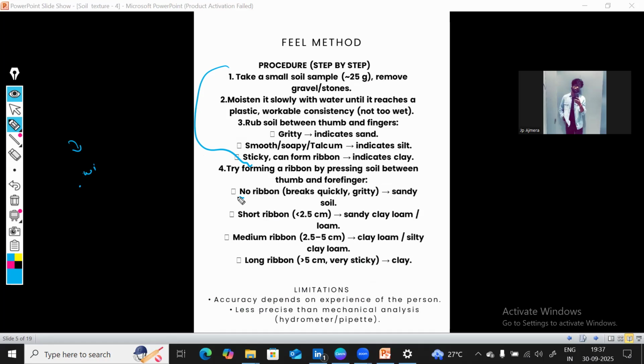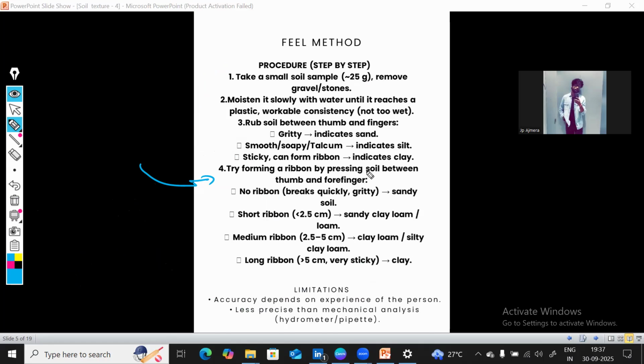If you rub the soil between the thumb and forefinger, what is ribbon formation when we place the soil between the forefinger and thumb? In case of sand, it will break and there would be no ribbon formation. But in case of silt and clay, there will be ribbon formation. So, these are the things we are talking about here.